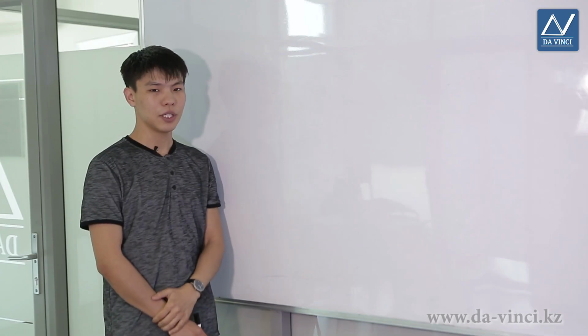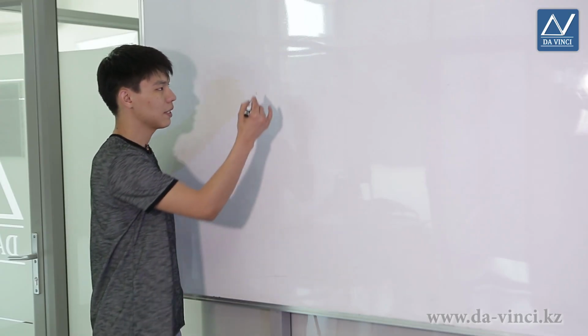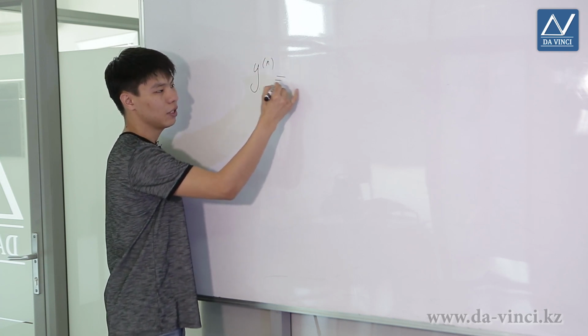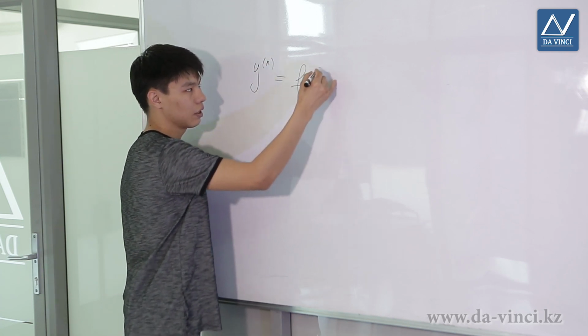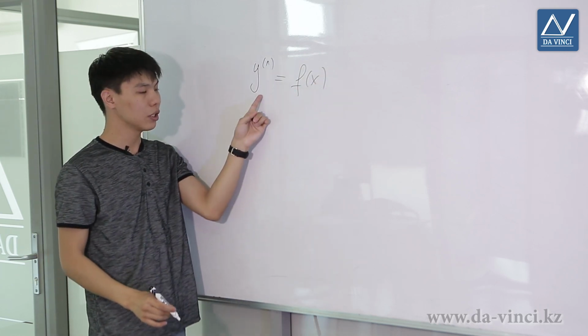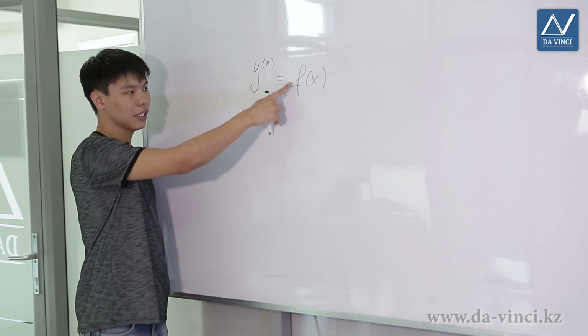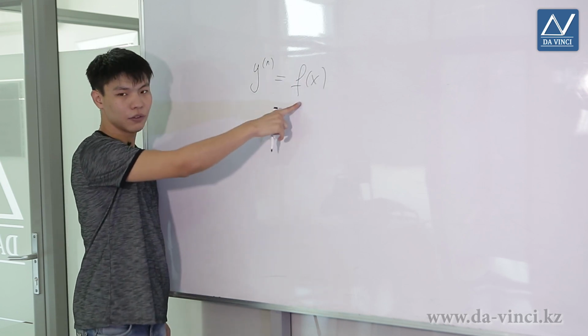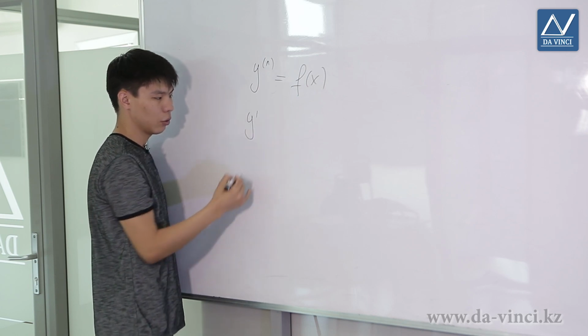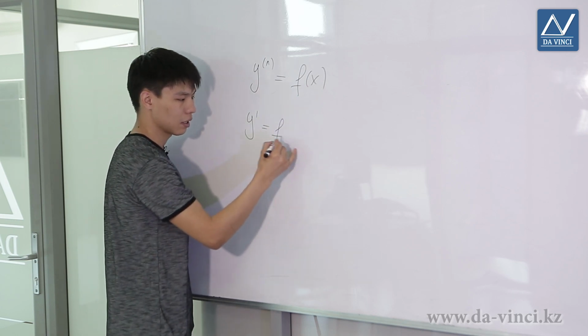And finally, let's consider the simplest differential equation. This is a differential equation of the form y^(n) equals f of x. That is, the function on the right depends only on x. To solve such an equation, we need to integrate the function f n times. For example, consider the equation y' equals f of x.